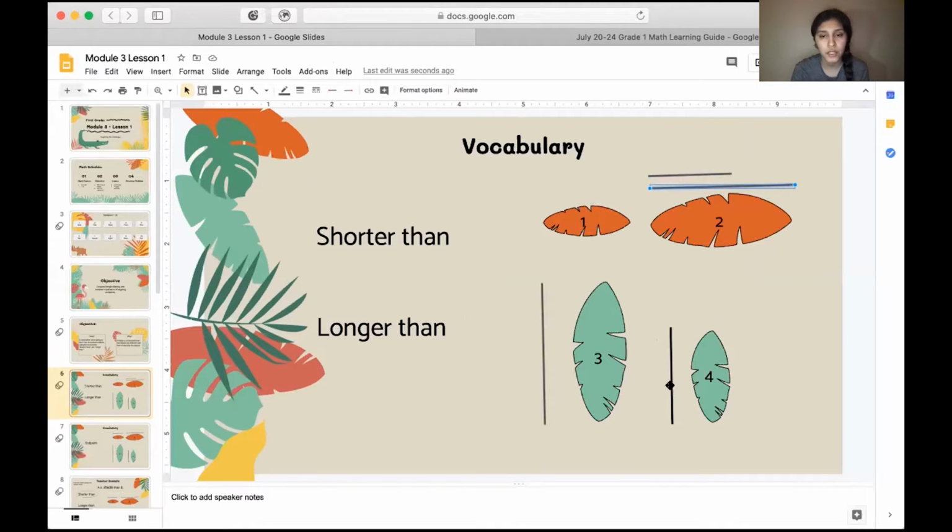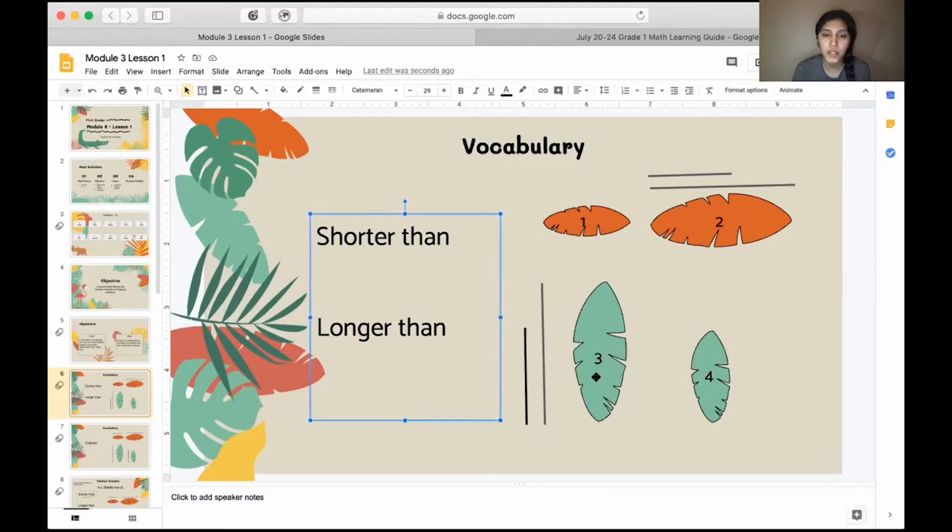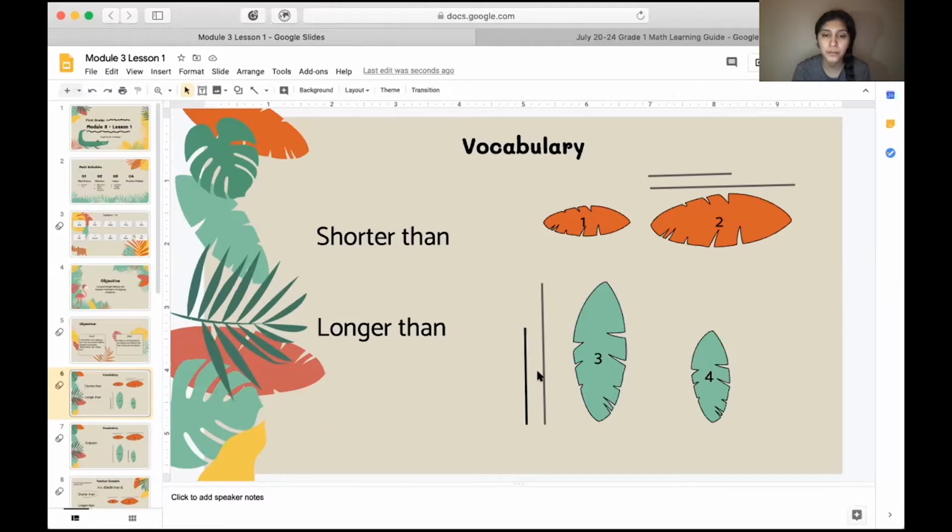And if we get this one right here and we put it over here, just like that, and they're the same, we can see that this one for leaf 4 is shorter than. So that means that the measurement for leaf 3 is longer than leaf 4. See, just like that.